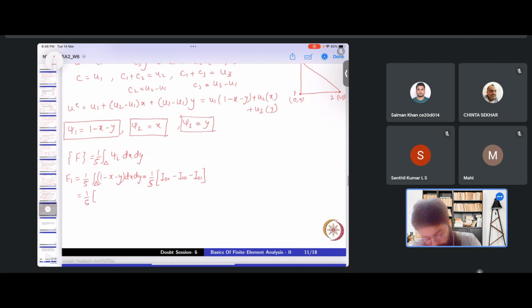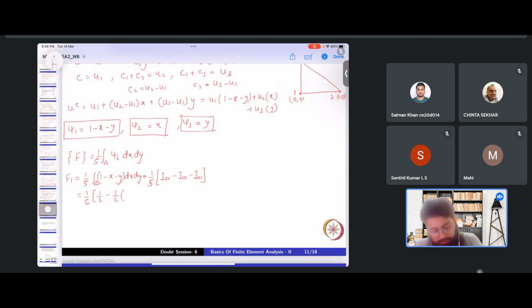We have already written the formula for I00, that's the area, which for this triangle equals half. Then we have area minus area times the summation of the x values.